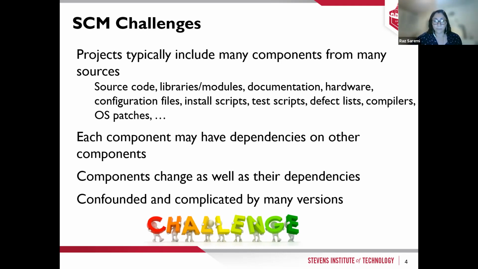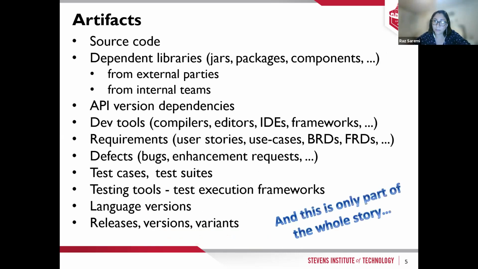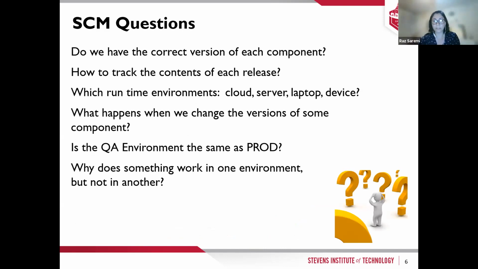So another thing is the different versions that we're working on. We want to make sure that we are working on the correct version at any point in time. Therefore, we need configuration management. This configuration management goes to different artifacts, right? That we explained in the video.